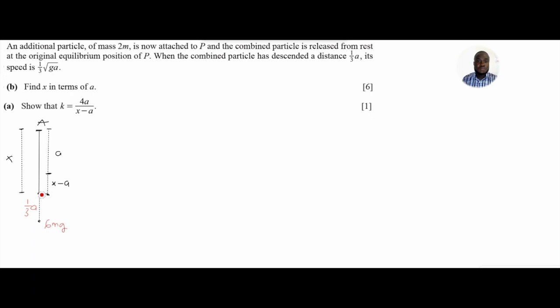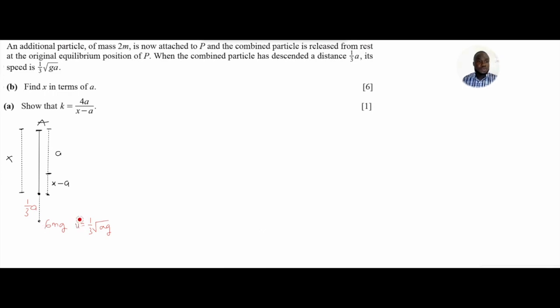And when the particle descends a distance of 1/3 a, its speed at that point, we're going to call that u, is equal to 1/3 root of ag. That's the speed we have at a point 1/3 of a down.